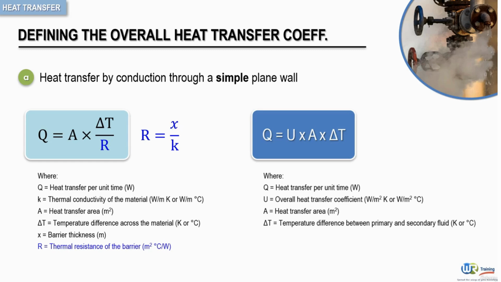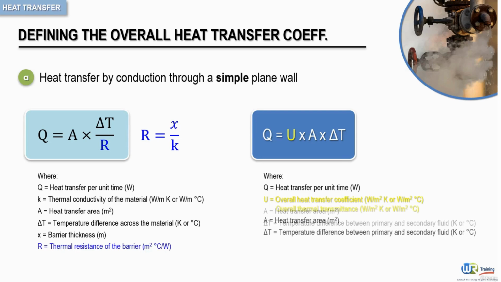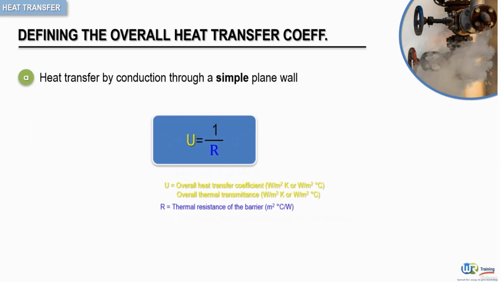Here, U is the overall heat transfer coefficient, or the overall thermal transmittance. By comparing the two equations displayed now on screen, it can be seen that U equals 1 divided by R. Thus, the U value, so the thermal transmittance value, is the inverse of resistance.